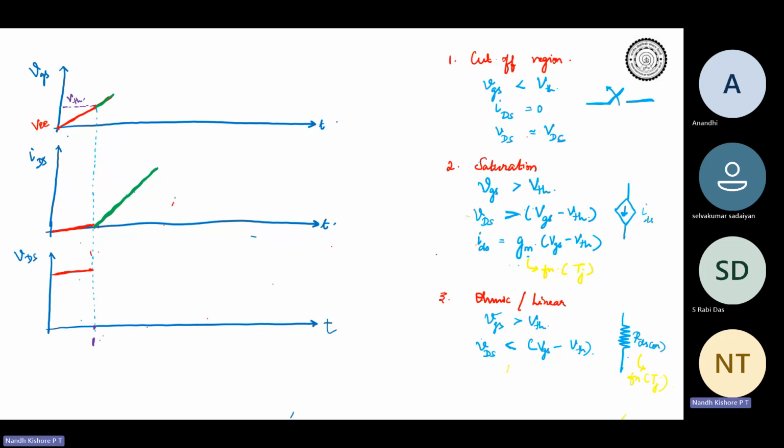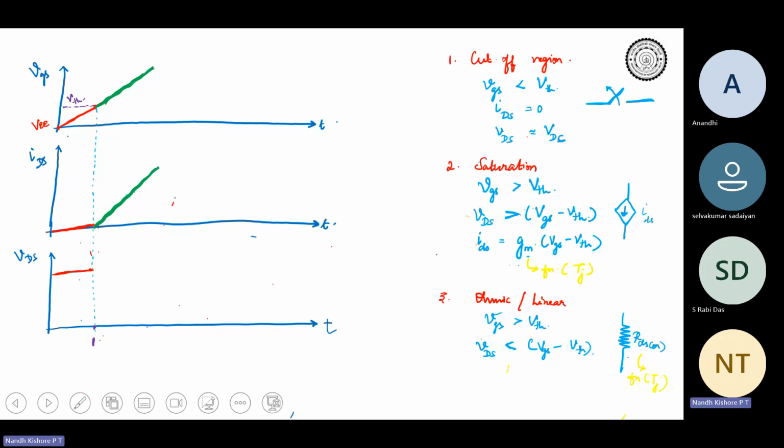Even though it's a 1 minus e to the power minus t by tau graph, I am assuming that the rate of increase is linear, just an assumption for simplicity. If VGS increases linearly, I know that the current increases as GM into VGS minus VTH. As VGS increases with time, similarly my IDS will also increase like this.